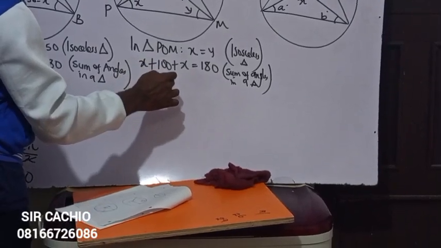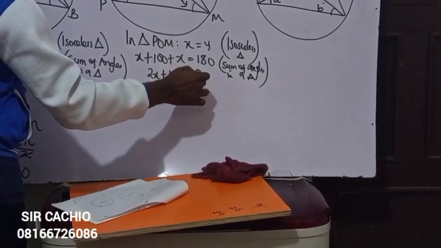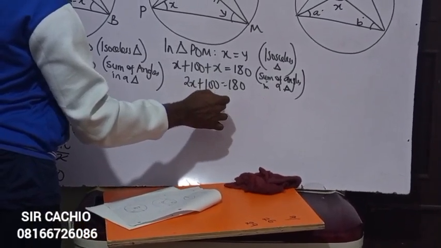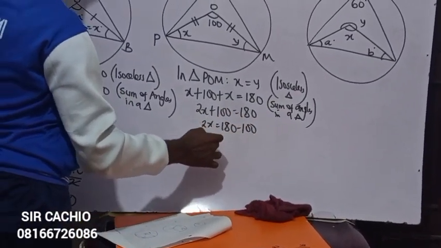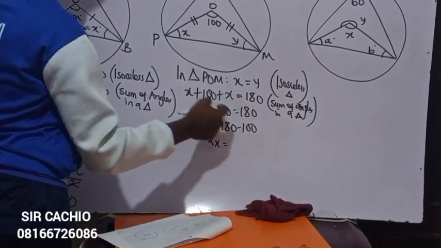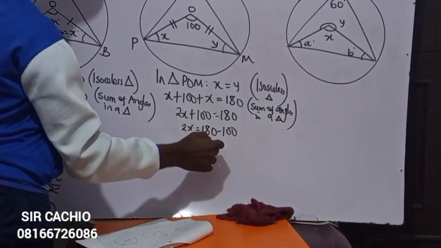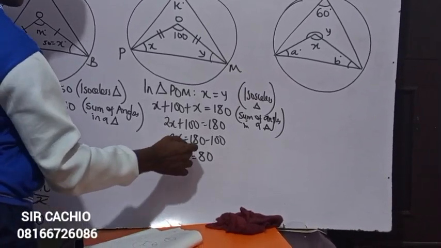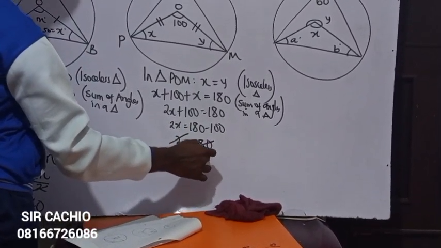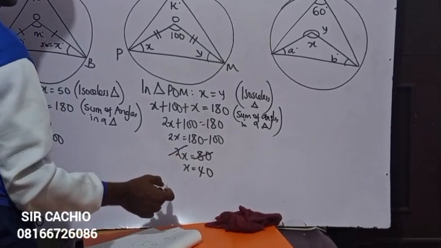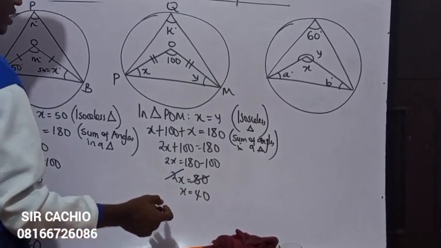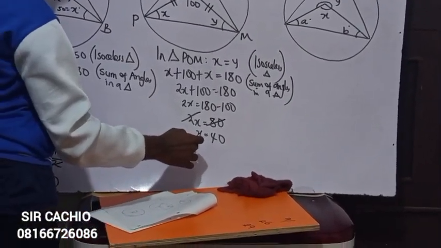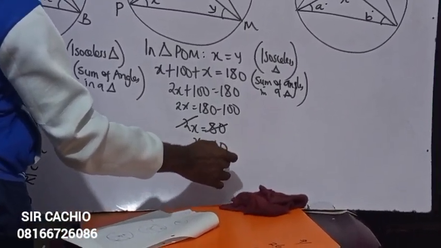We have 2x plus 100 equals 180. 2x is equal to 180 minus 100, which is 80. So x will be 40. Hence, x is equal to y. Therefore, y is also 40.